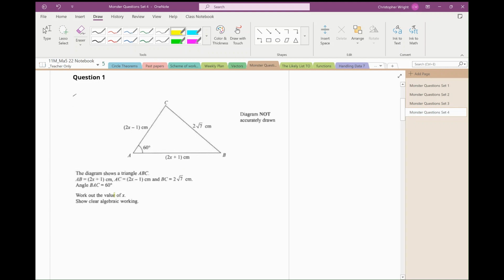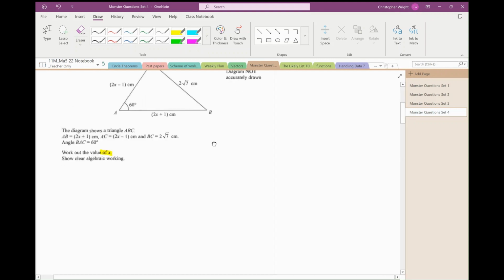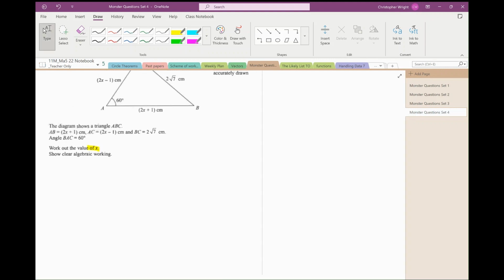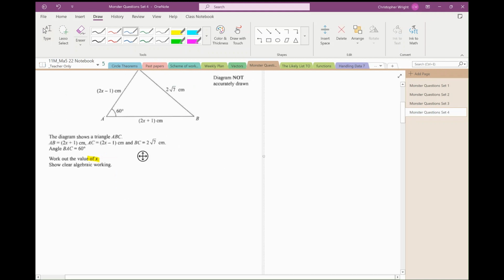Now, I've got a triangle. I know 3 sides and an angle, so I can use the cosine rule to set up my equation. This is going to be capital A, the angle I know, so that's going to be side little a. So cosine rule is a squared equals b squared plus c squared minus 2bc cos A. So a squared, which is 2 root 7 squared, equals b squared.